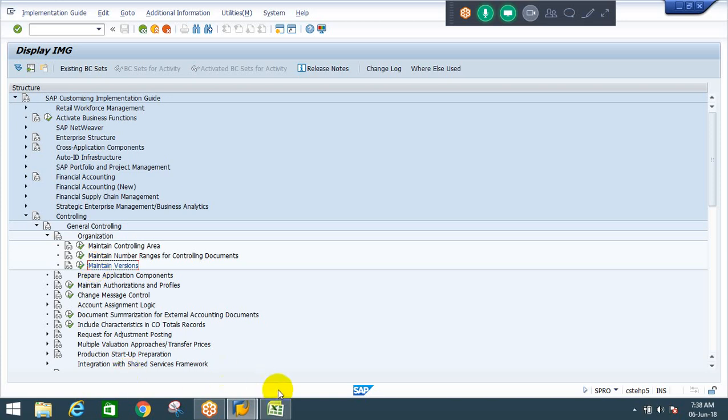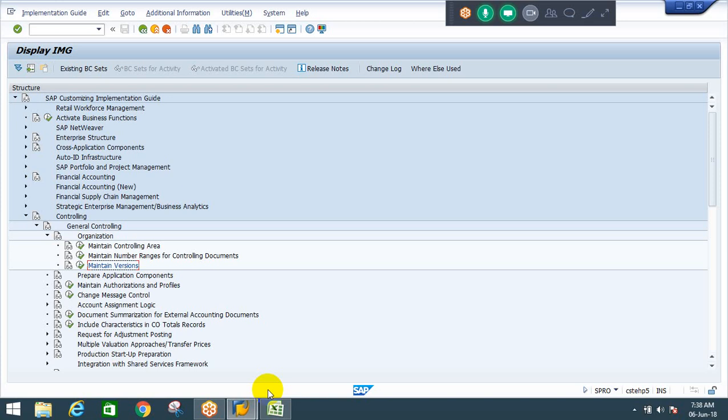Okay, so is the version understood? Any doubts? So it is to store the values. Version means to store the values. We have 2 types of values, plan values and actual values. In version 0 we can store actual values as well as plan values.